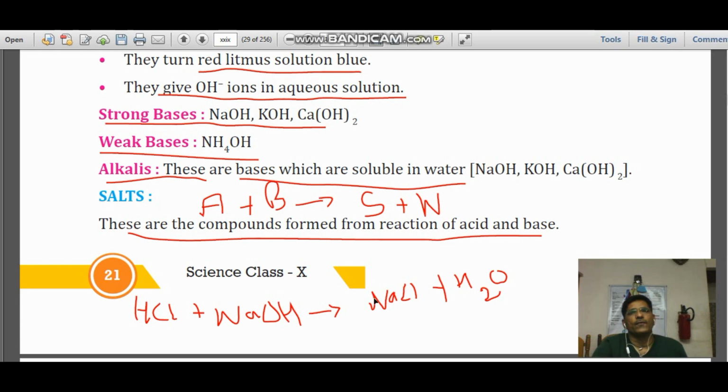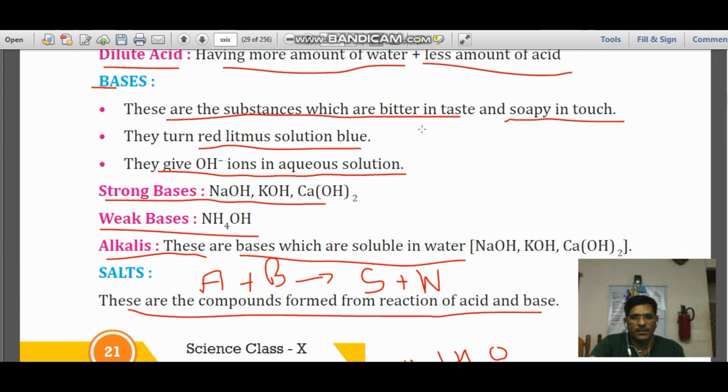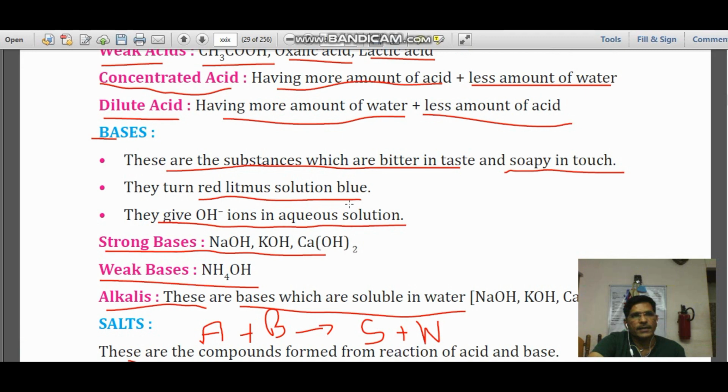So when we start this lesson, we have to understand the importance of acid, base and salt. These are the basic definitions. Salt is formed from the reaction of acid and base. Bases are bitter in taste, soapy in touch, turn red litmus blue, and liberate OH minus ion; examples are strong base sodium hydroxide and weak base ammonium hydroxide.